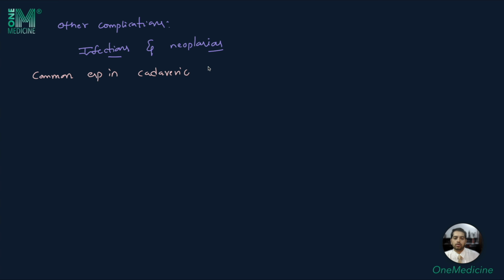Other complications of renal transplantation include infections and neoplasias. Infections are common, especially in patients receiving cadaveric organ transplantation, as there is a higher incidence of rejection requiring increased frequency of pulse steroid therapy.